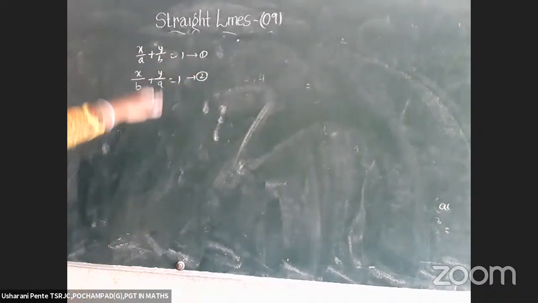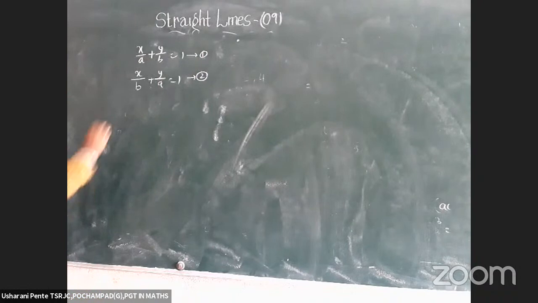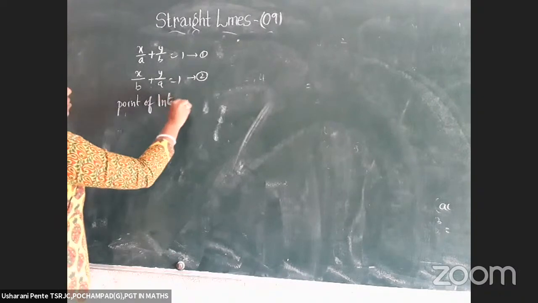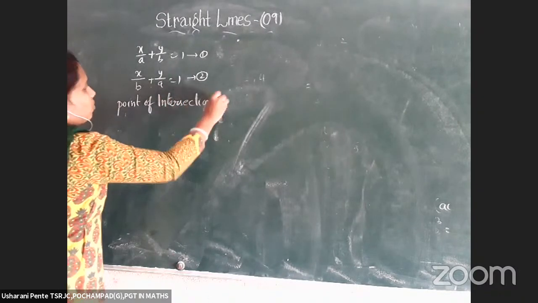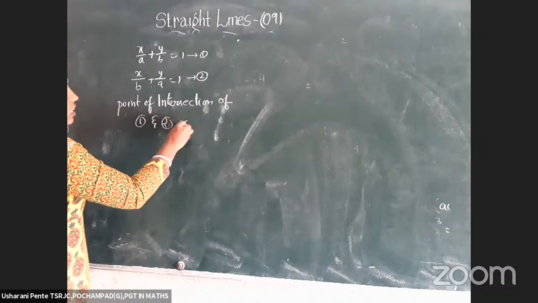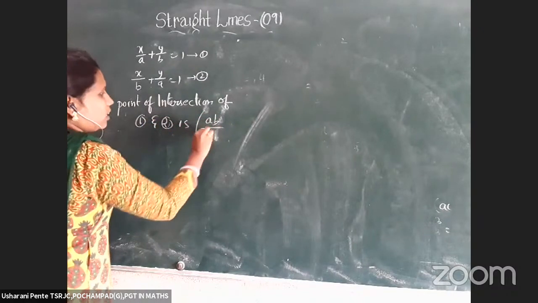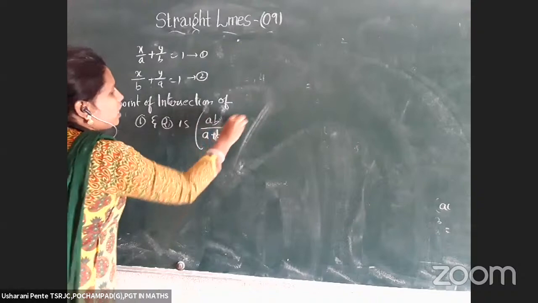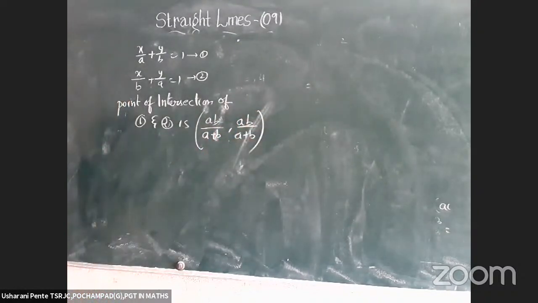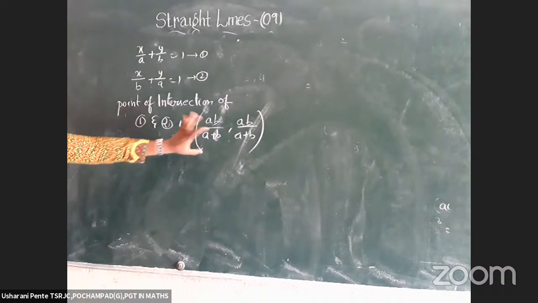What is the point of intersection of these 2 lines? Point of intersection of equation 1 and 2 is AB by (A plus B) and AB by (A plus B). There we have taken X naught is equal to Y naught in that problem. So the point of intersection is this one.